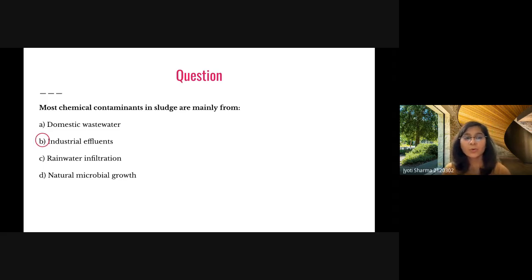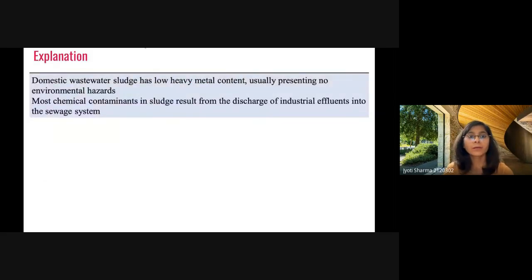So yes, we have a lot of industries, chemical industries, fertilizer industries, that can give you chemical contaminants. So just see that domestic wastewater sludge has very low heavy metal content, but the chemical contaminant in the sludge is mainly coming from the industrial effluent.